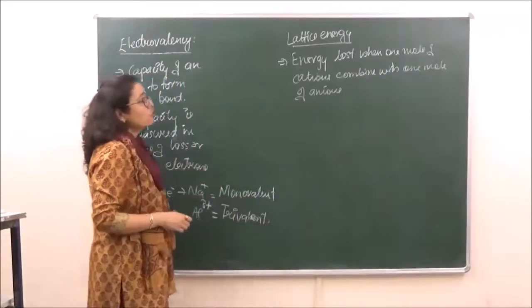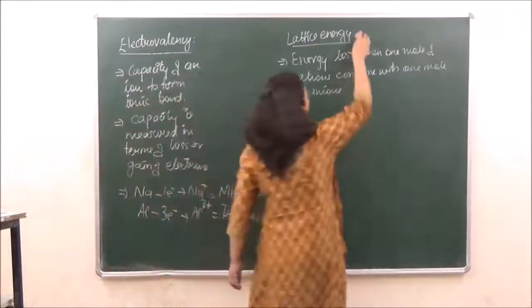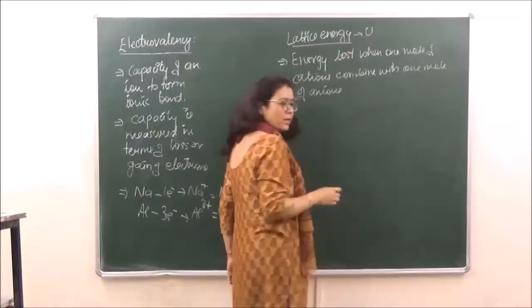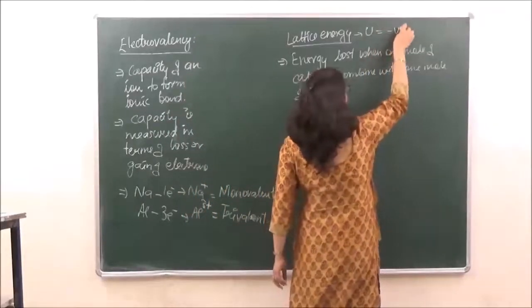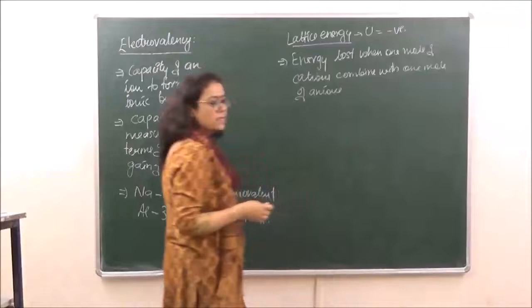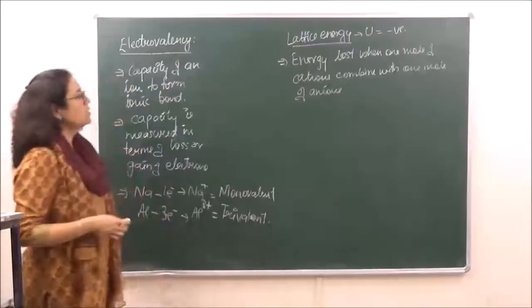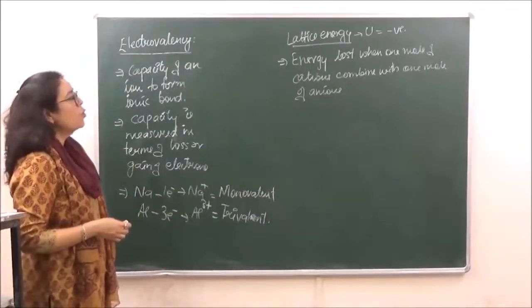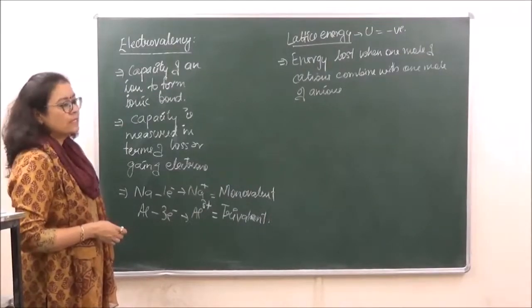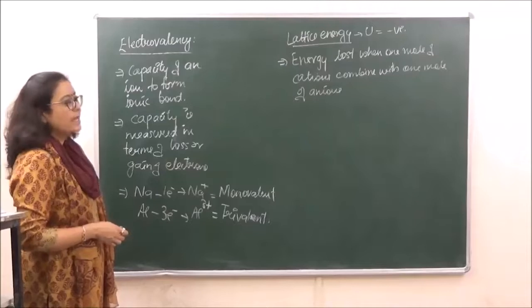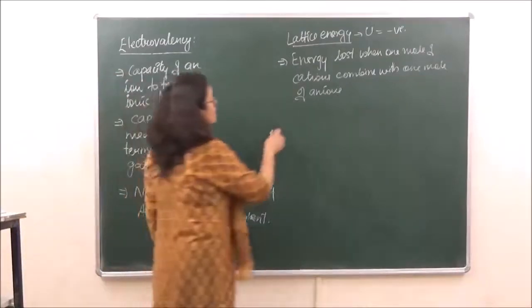So what did we also say, that we can represent lattice energy by U, and lattice energy is the energy released, so it is a negative entity. Okay, because it is the energy lost when 1 mole of cations combine with 1 mole of anions. It is the energy released. Okay, now how do we measure the lattice energy?